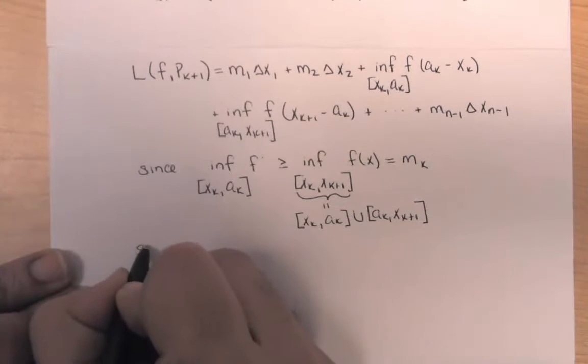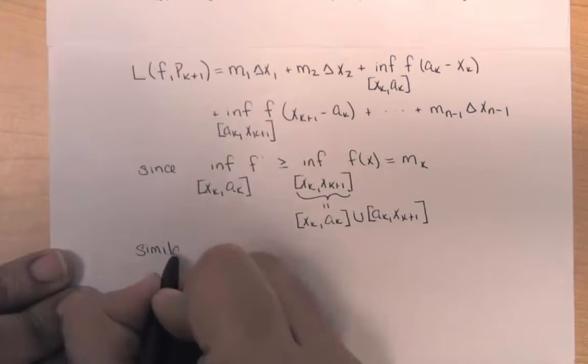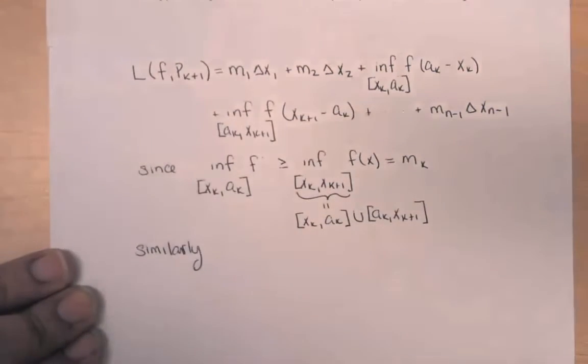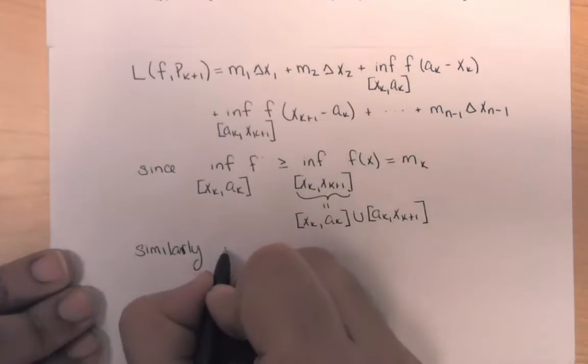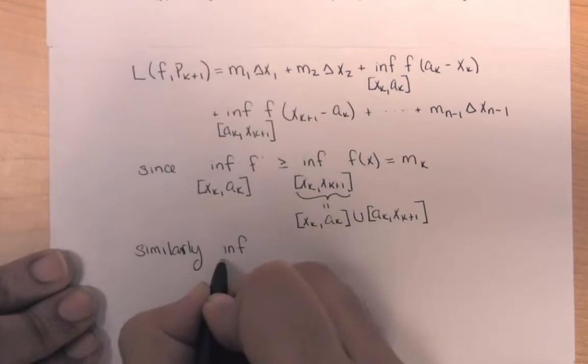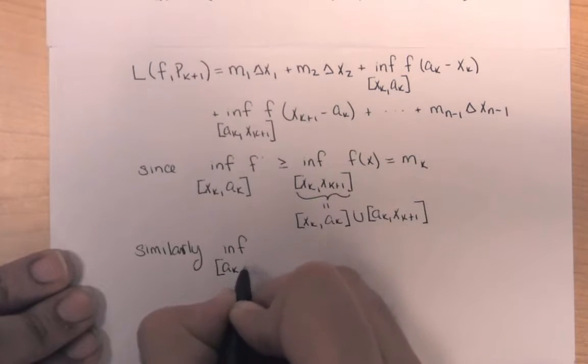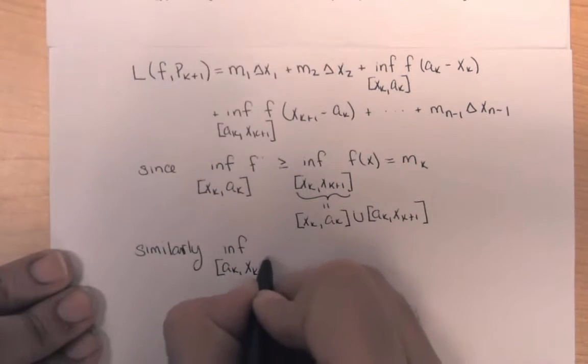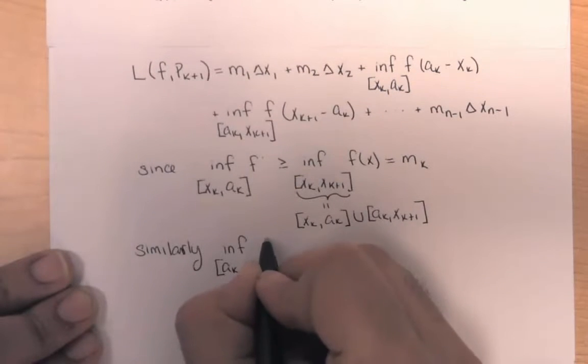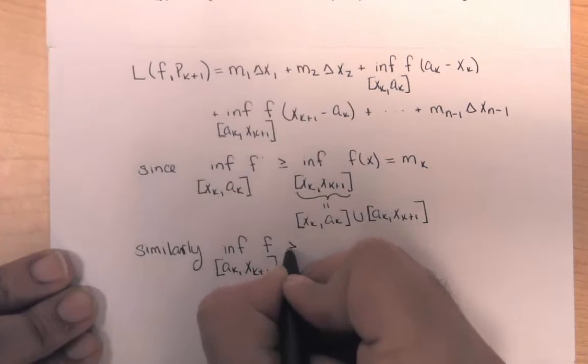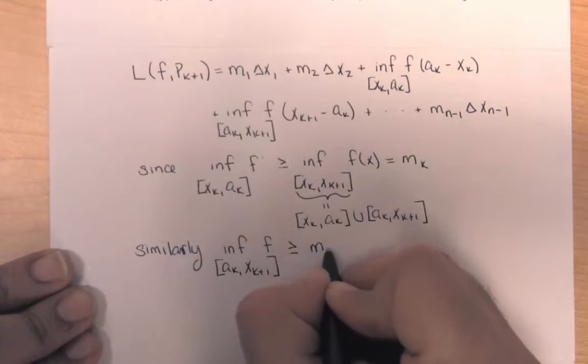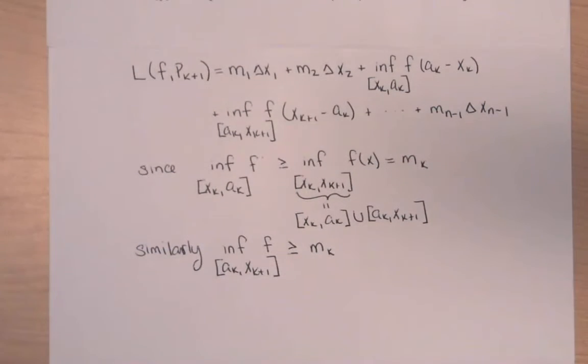Similarly, the infimum over ak to xk plus 1 of f is also greater than or equal to mk. Right?